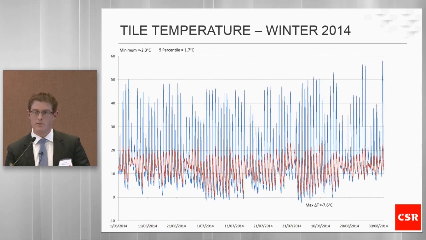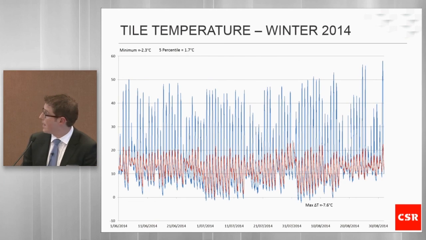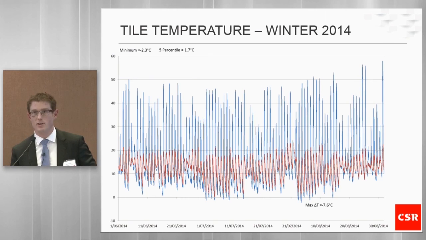And this is some data from the CSR house roof in Sydney. What we're looking at is the roof tile temperature, the blue line, from June, July, August last year. You can see the daily variations in temperature swinging by about 50 degrees, getting as hot in the daytime as about 60 degrees, and at night time dropping below zero on occasions.